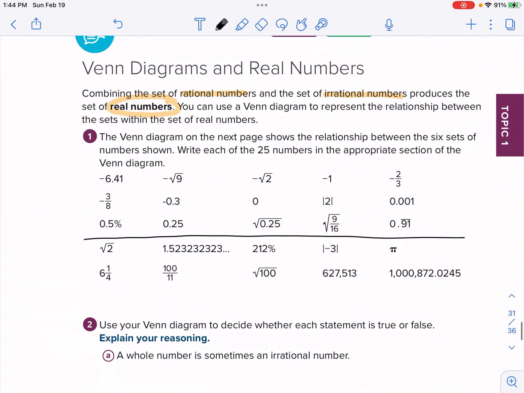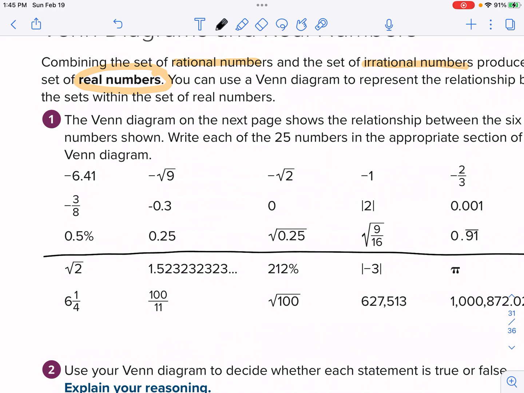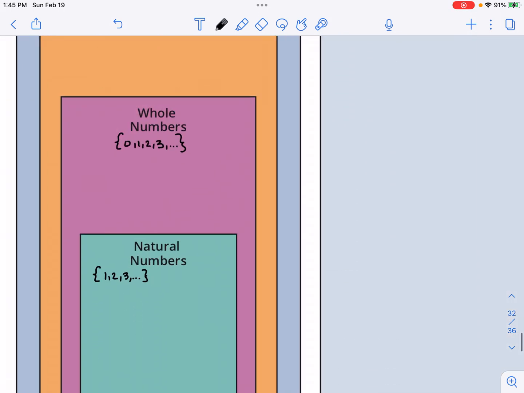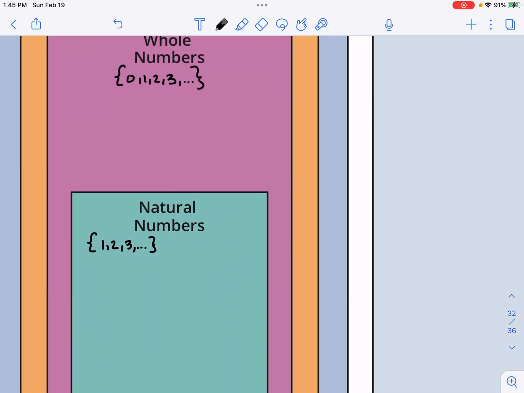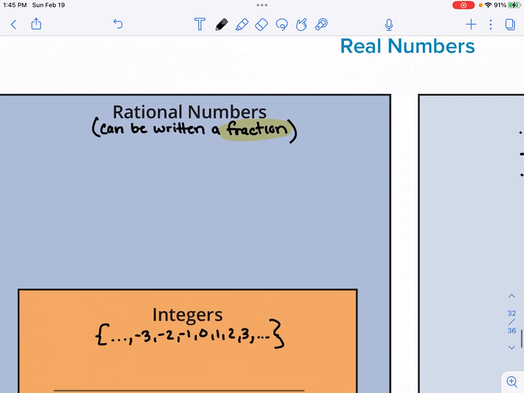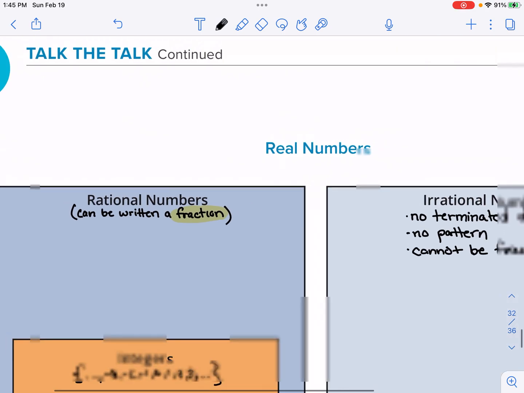So what we're going to do is we're going to take these numbers. If some of these need to be simplified, we'll simplify it. But let's write the first one, negative 6.41. Where does that go? It's not a natural number because it's not a counting number. It's not a whole number. It's not an integer. It is a rational number because it can be written as a fraction.